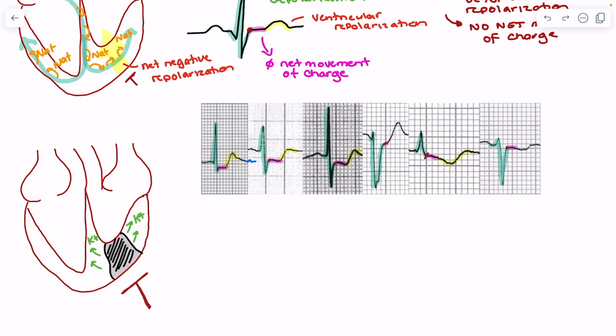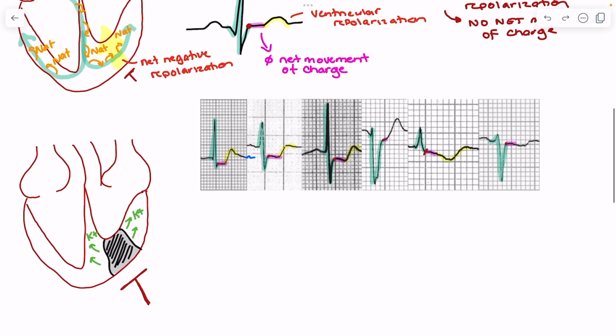What's important to recognize about transmural infarction is that because I'm releasing this potassium and it's flowing away from my lead, as a result of my lead positioning and where the damage is, I have almost constant net positive flow of charge away from my electrode or my lead.